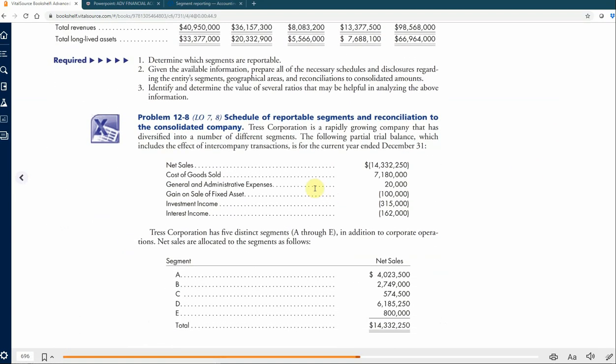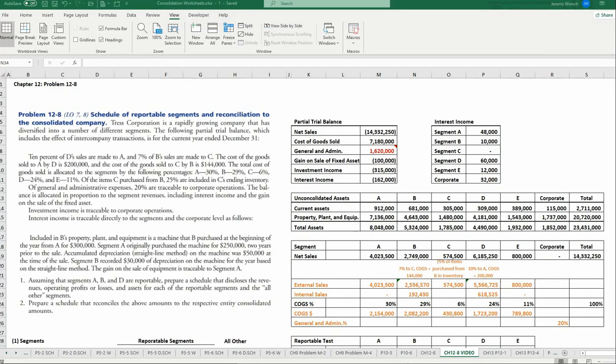All right, so we're doing problem 12-8. So it says general administrative expenses 20,000. That is actually not the case. It should be 1,620,000. So no problem. We can work with that.